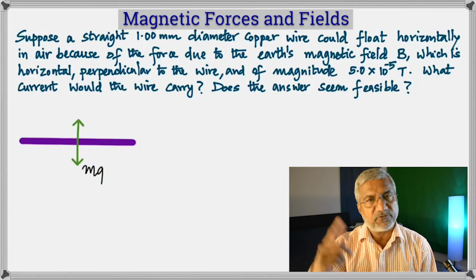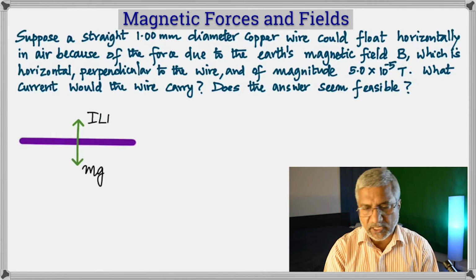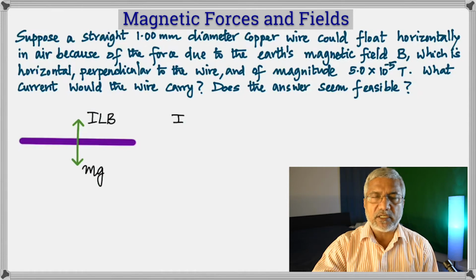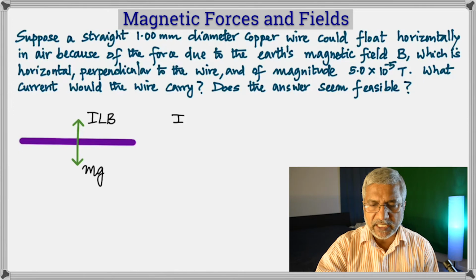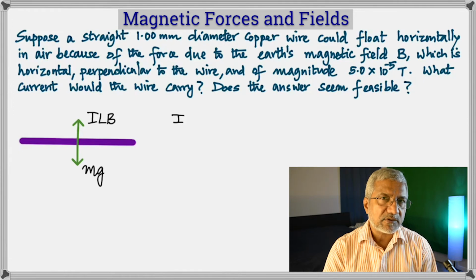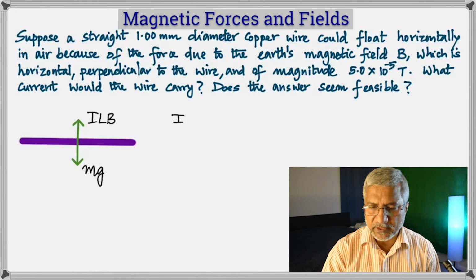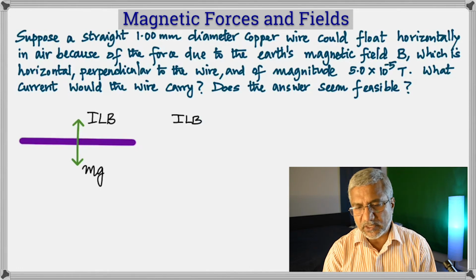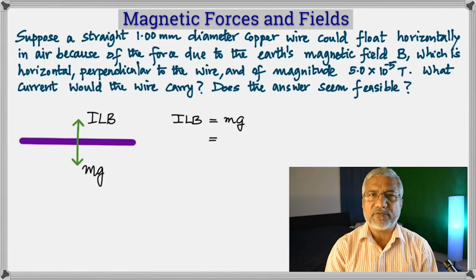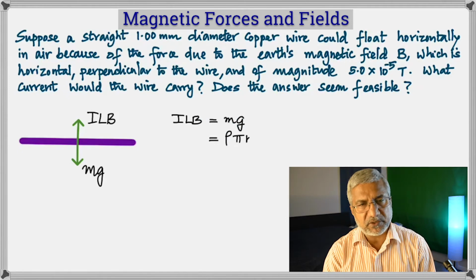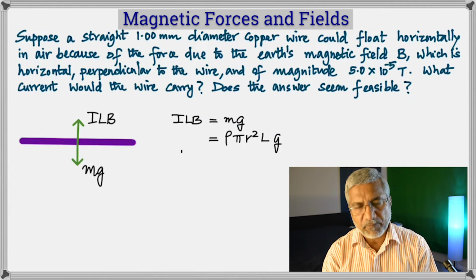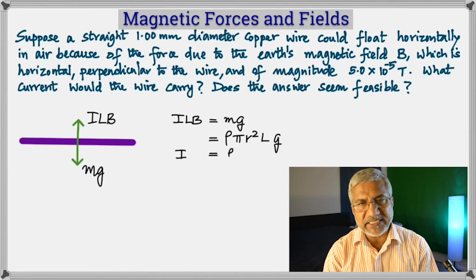So that's the wire. The forces acting should be equal and opposite. The forces are mg, the weight, and ILB sine theta. Theta is 90. So that's why ILB is equal to mg. And you just need to make I the subject. But to find the mass, you need to multiply volume with the density.